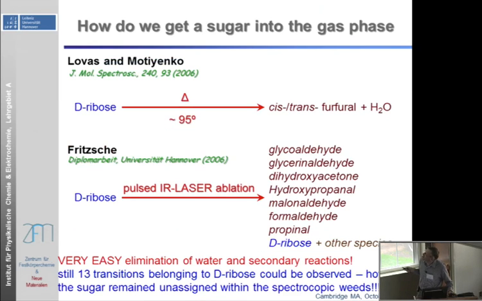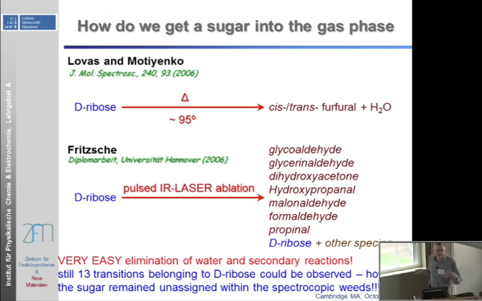So this is how it actually started. We did ribose first. First try was 2006. We used IR laser ablation, a nanosecond laser, 8 nanosecond pulse length. And we got a rich spectrum with lots of molecules, except we couldn't assign it. We couldn't assign ribose because you get all kinds of junk.